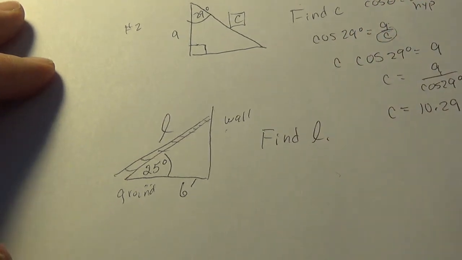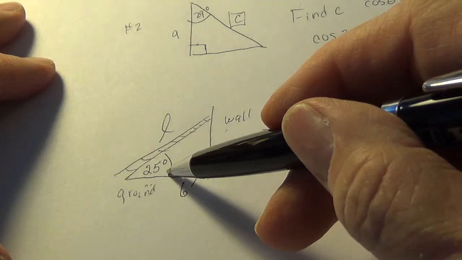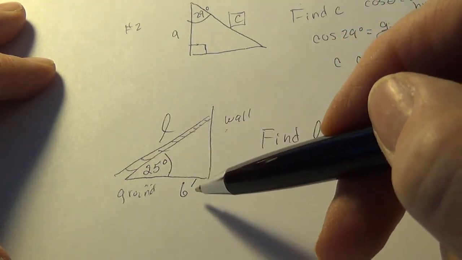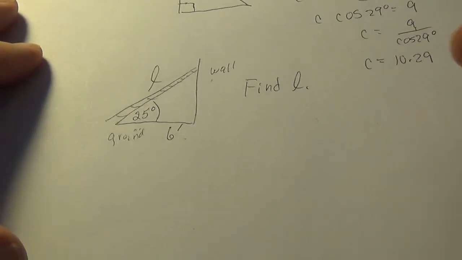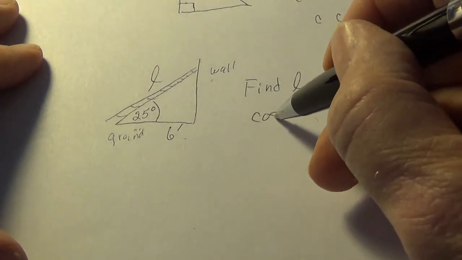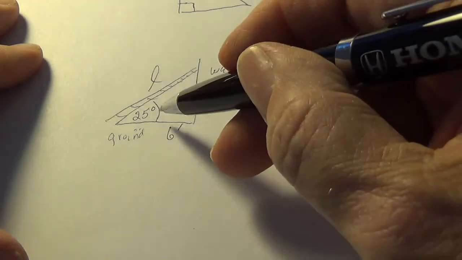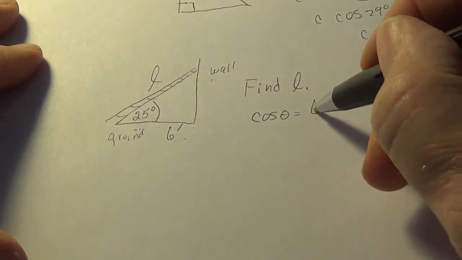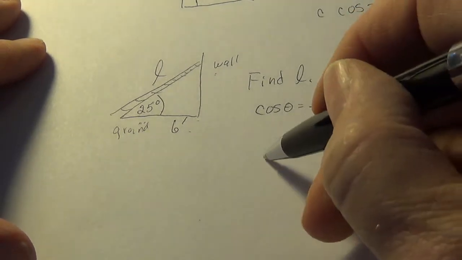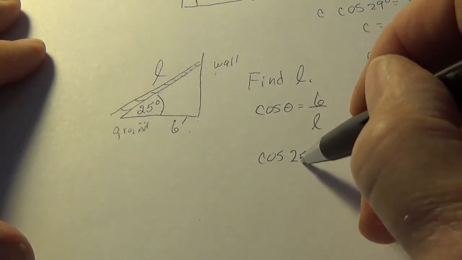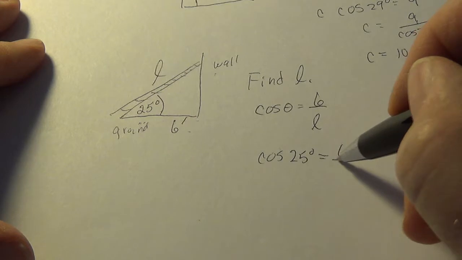From the position of this angle, I'm going to need the trig function that uses this value and this one. Once again, it's cosine. Cosine of theta equals adjacent 6 over hypotenuse L. Except instead of cosine of theta, I know the angle, so it's cosine of 25.